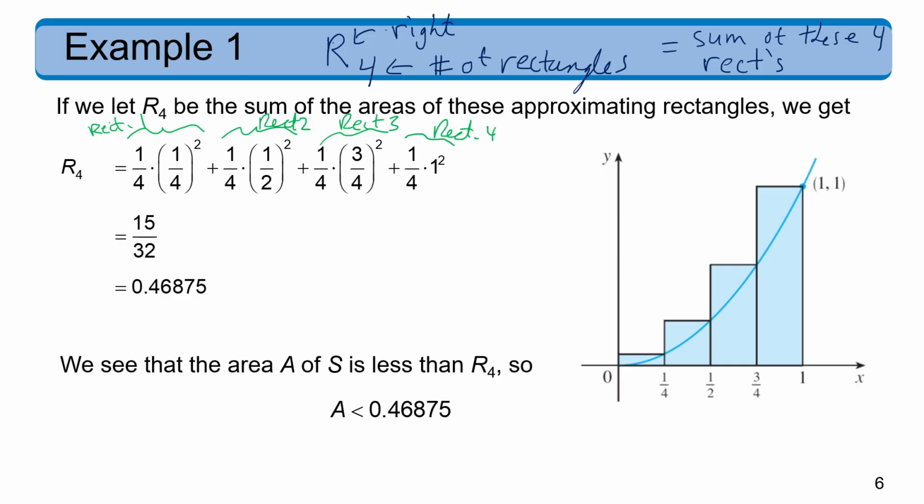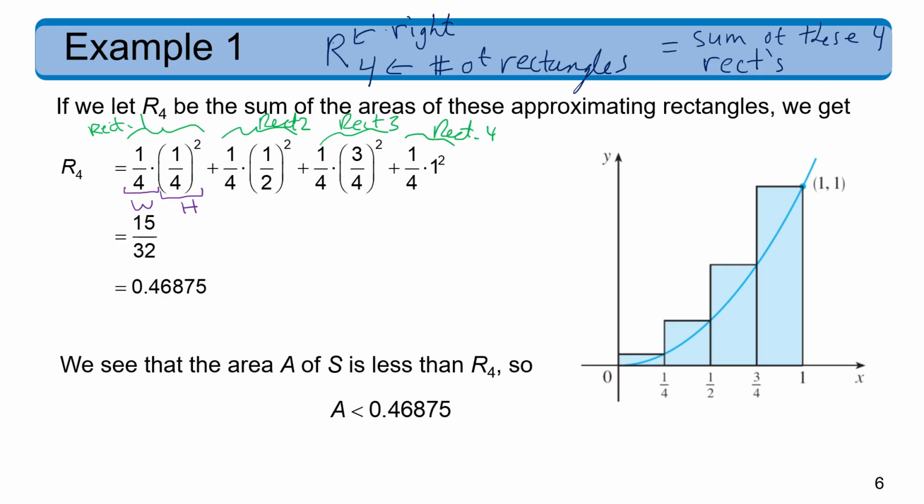Okay, so let's look at the calculation of rectangle 1. Notice it's 1/4 times 1/4 squared. Now remember where those numbers came from. 1/4 is the width of that rectangle. 1/4 squared is the height of that rectangle, and we calculated that height on the previous slide.